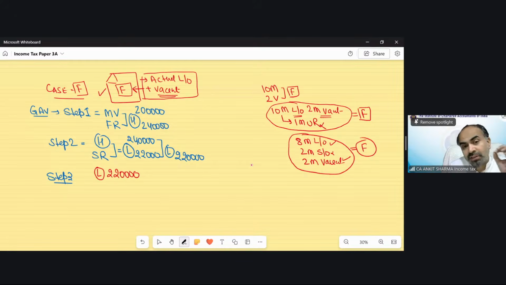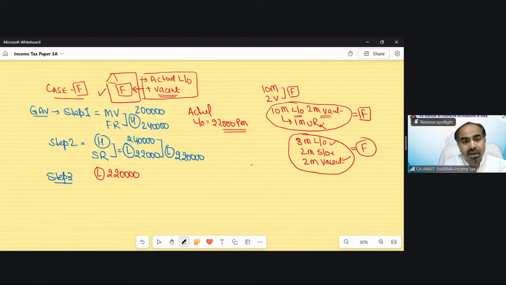Now this needs to be compared with a new value. Suppose the property has actually been let out for the rent of, let's take, 22,000 per month. Generally we take actual rent received for the purpose of comparison in step number 3.